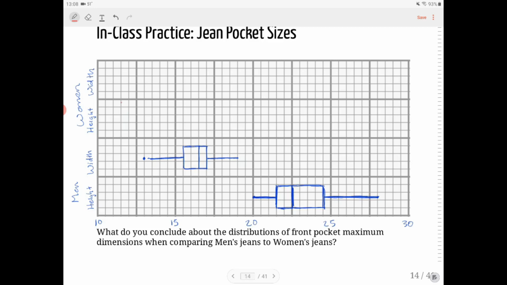Okay, so there's the minimum at 11.5. The lower quartile is at 15.5. So that's here. The median is at 16.5. So that's here.